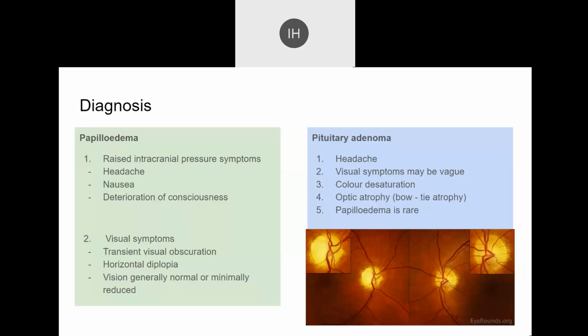Okay, next. First of all, papilloedema punya symptoms tu, I nak dengar 3. Headache, nausea dengan vomiting. Okay, these 3 mesti ada bila you nak cakap patient ni ada ICP symptoms.